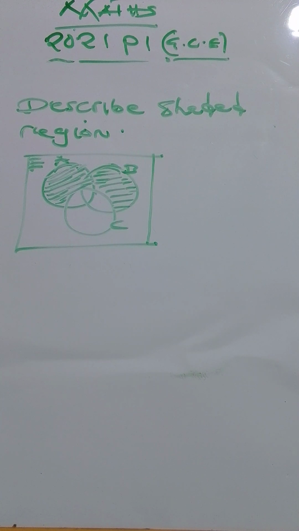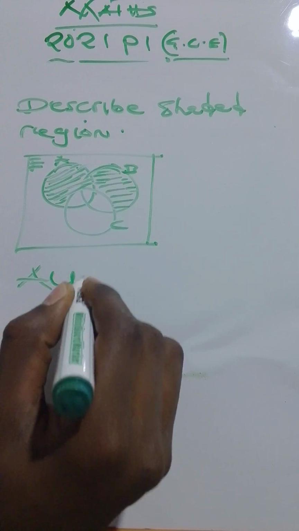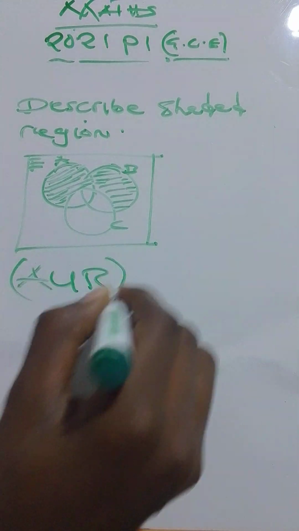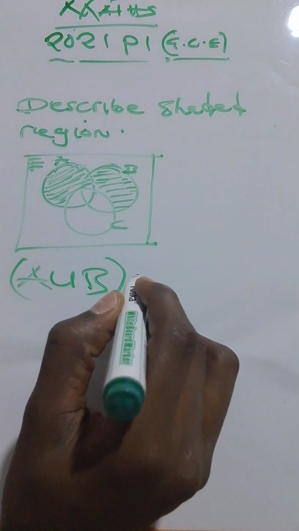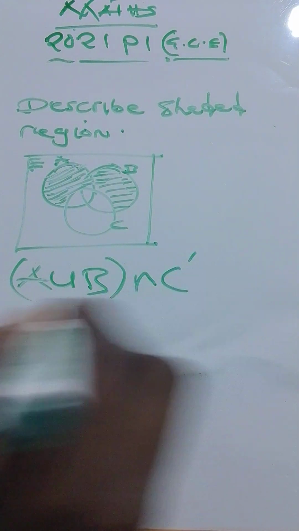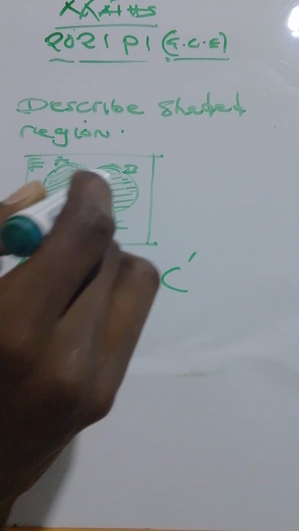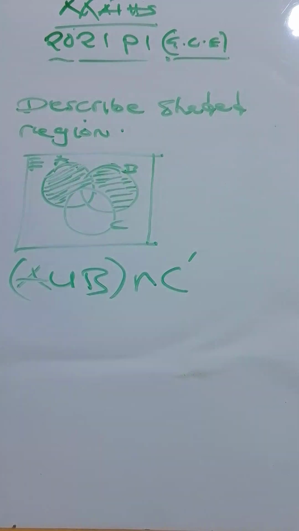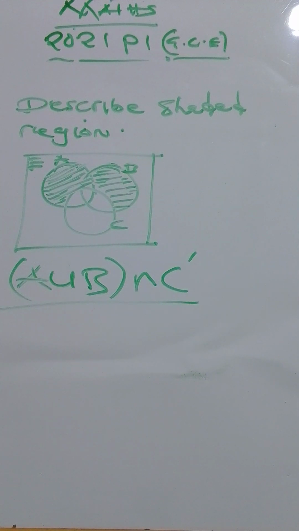So to describe the set notation, we'll say A union B. These two parts are completely shaded. Then intersection C complement. This means that we have omitted C while we have shaded the double letters, which is A and B. So that is how we describe the shaded region.